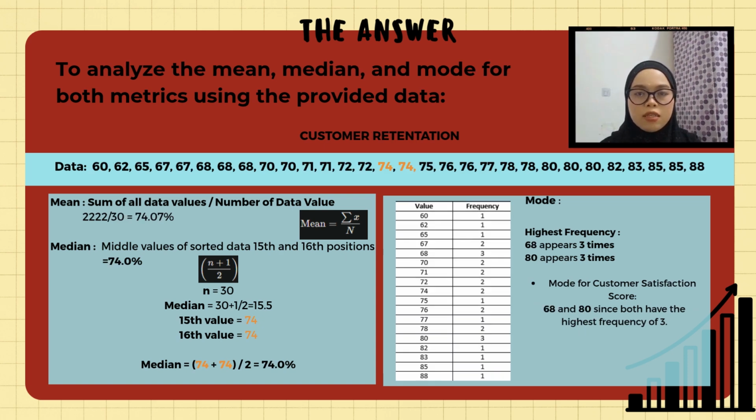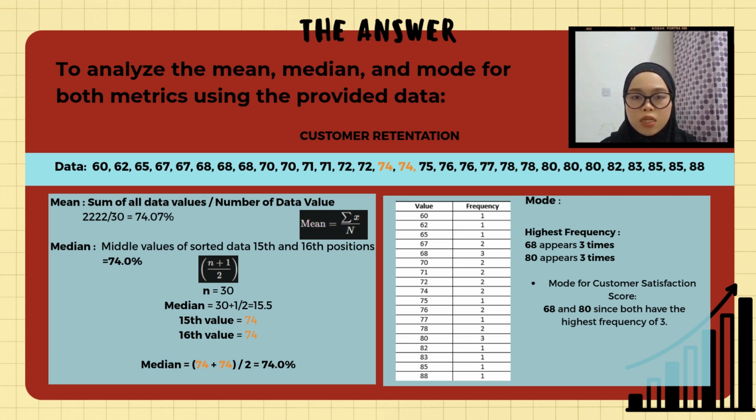Okay, next is the data for customer retention. For this part, you have to do the same things: analyze the mean, median and mode using the provided data. Here is the listed data from customer retention, which is from 60 to 88. When you have listed all the data, next you have to find the mean.